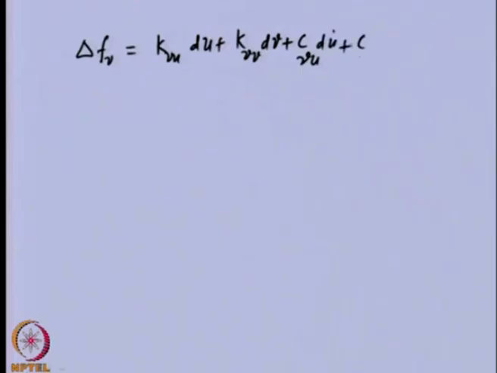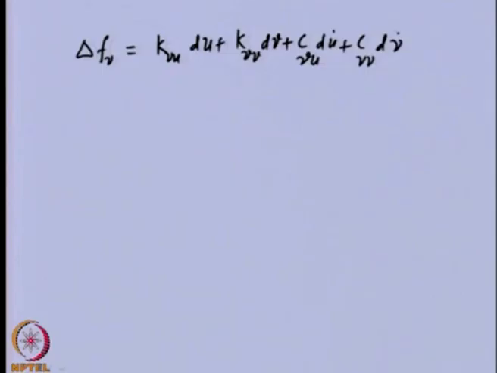The change in the force in the v direction will be k v u du plus, sorry, k v v dv plus c v u du dot plus c v v dv dot.